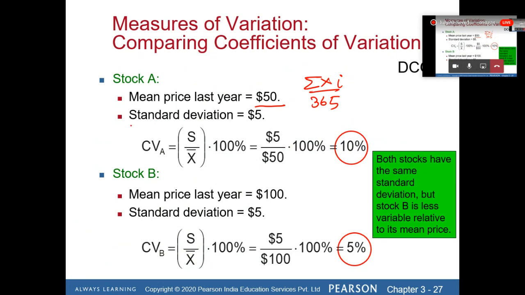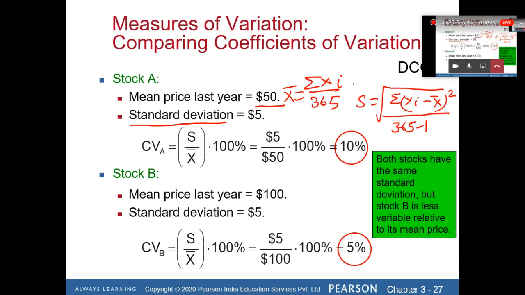Then I also used the standard deviation. The formula is s equals the square root of summation xi minus x bar whole square over all days, where x bar you have already calculated here. That we have done. And then you divide by n minus 1, meaning 365 minus 1.